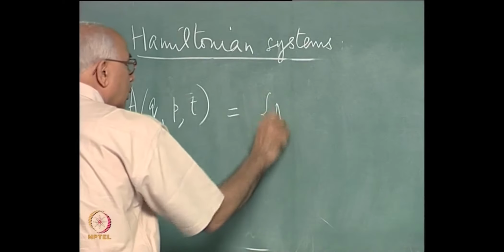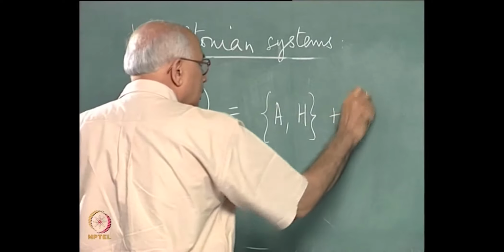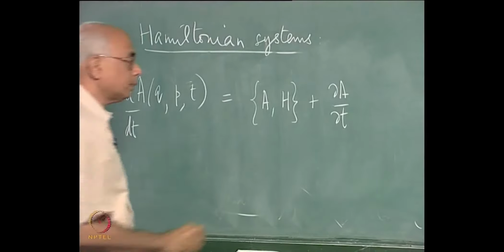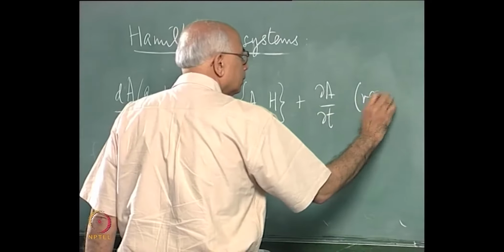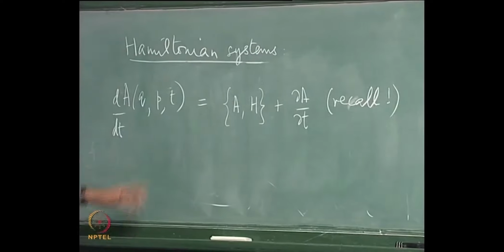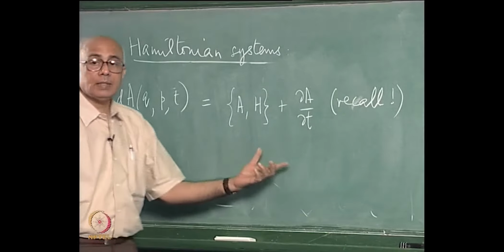This is equal to the Poisson bracket of a with the Hamiltonian plus ∂a/∂t. Recall this, and this quantity a is a constant of the motion if this right hand side vanishes.